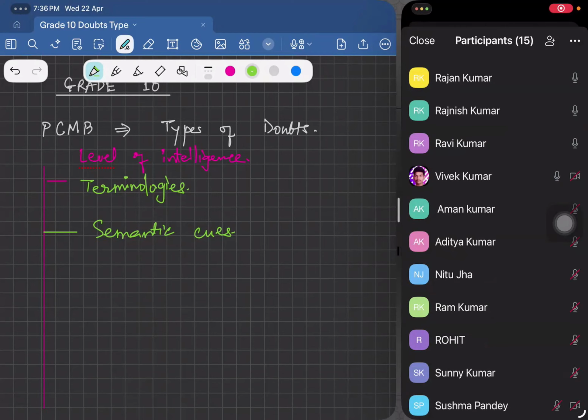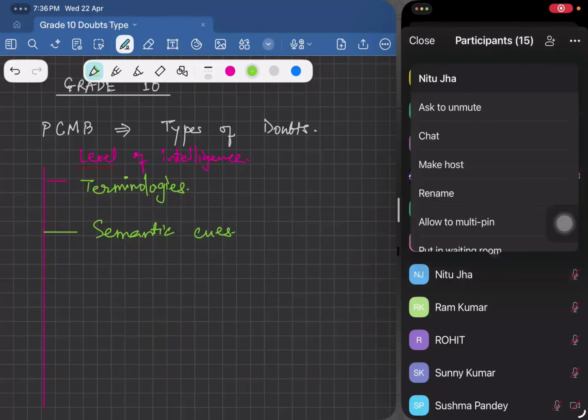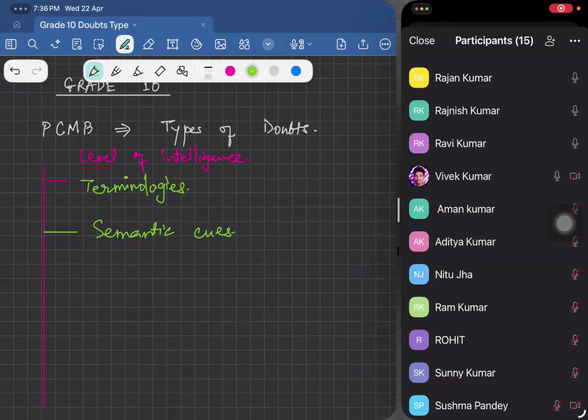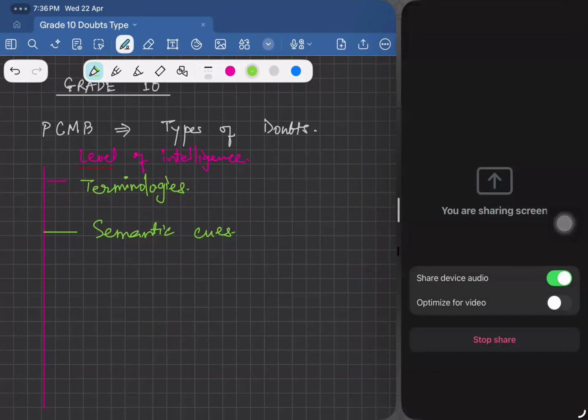This is the semantic cues, where you try to understand the next action based on the terminologies that you studied, and based on that I take an action. You get it, right? So this is the second level of intelligence, where you understand how to read the terms and how to take actions on those terms.